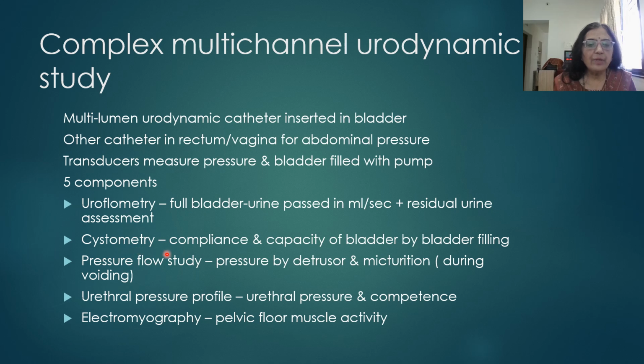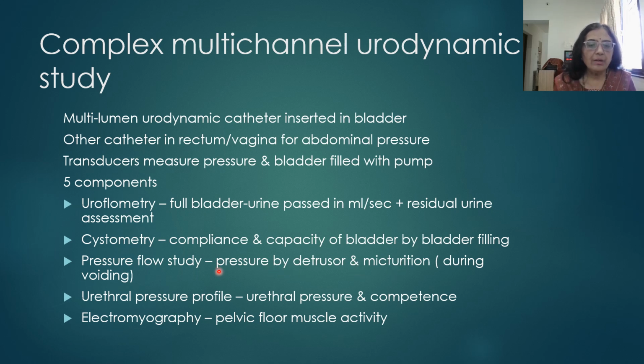Cystometry is the second component, where, as we have seen in the previous slide on simple cystometry, in the same way the bladder is filled with the help of a pump, and we see when is the first sensation of filling, first sensation of voiding, first sensation of voiding if convenient, strong sensation for voiding, and total bladder capacity. Then pressure flow study measures how much is the pressure by the detrusor muscle and how much is the pressure in the urethra during micturition.